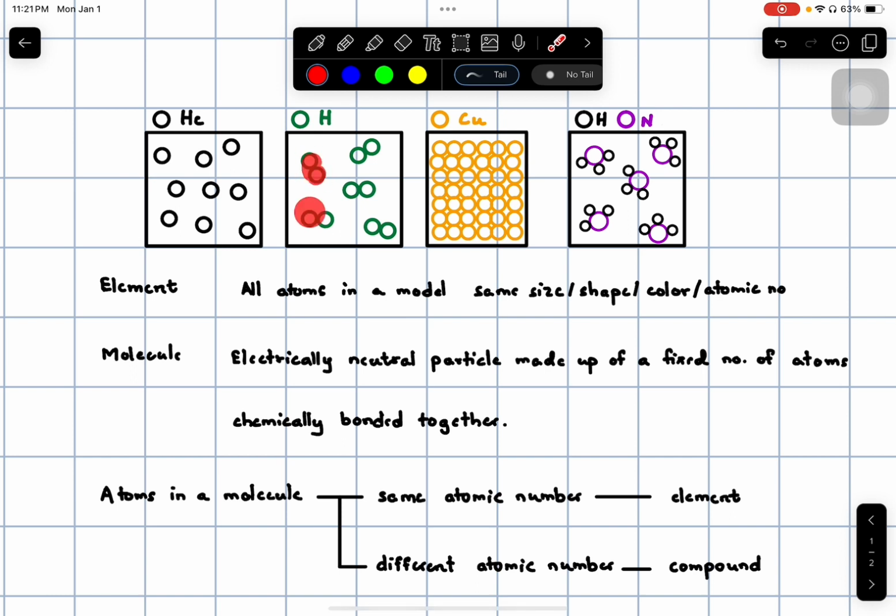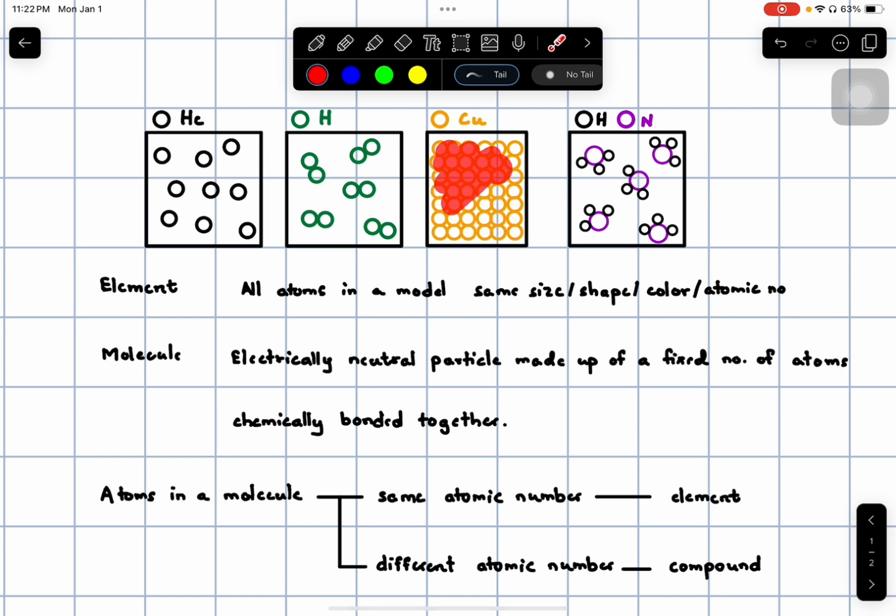Because all of the atoms in this model here have the same size, same shape, same color, and same atomic number. However, this is an element made of molecules. Helium is an element made of atoms. That's the difference.